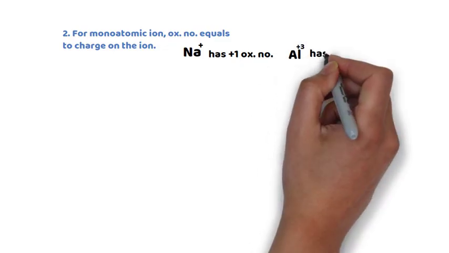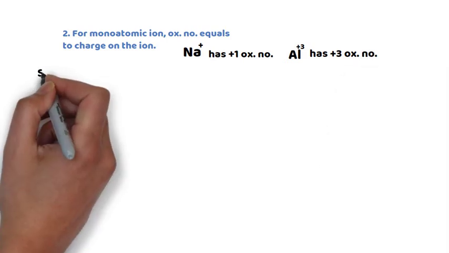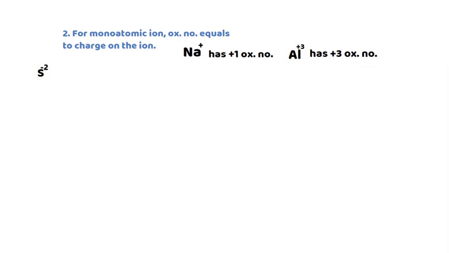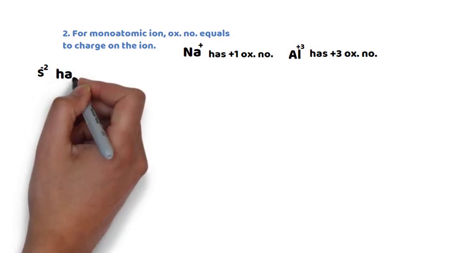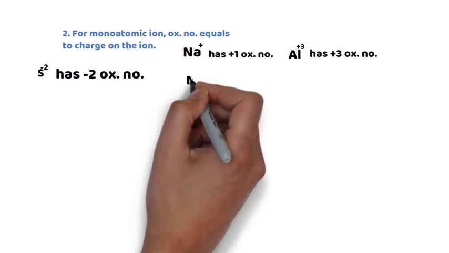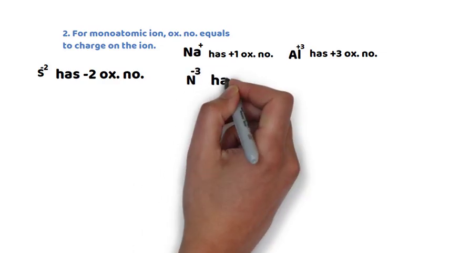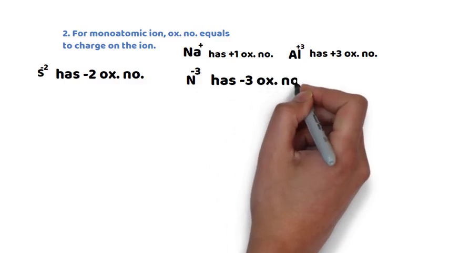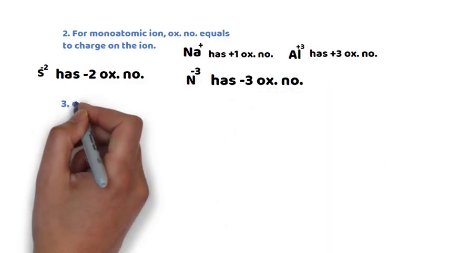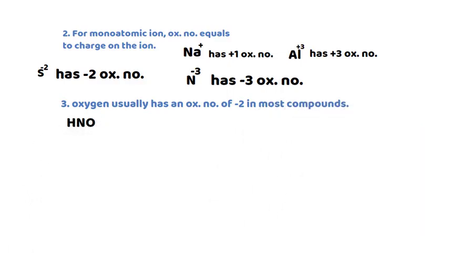Aluminum ion has +3 charge, therefore its oxidation number is +3. Sulfur ion has -2 charge, therefore its oxidation number is -2. Nitrogen ion has -3 charge and its oxidation number is -3.